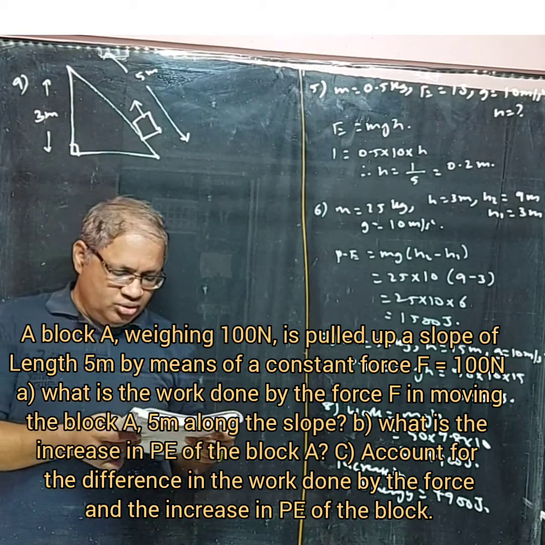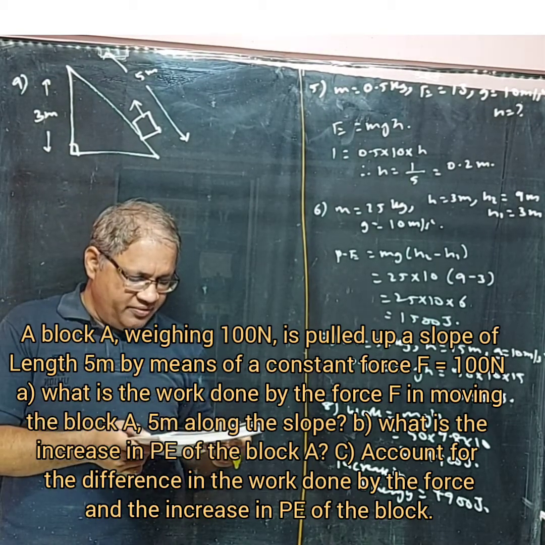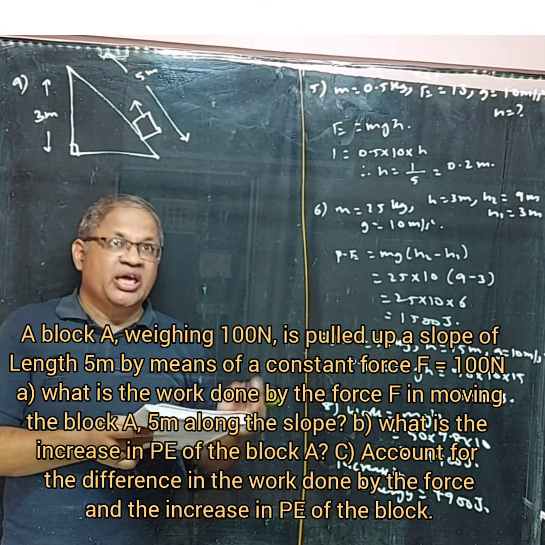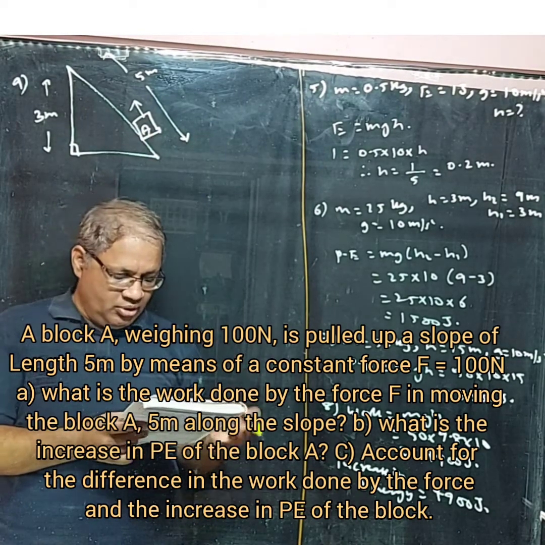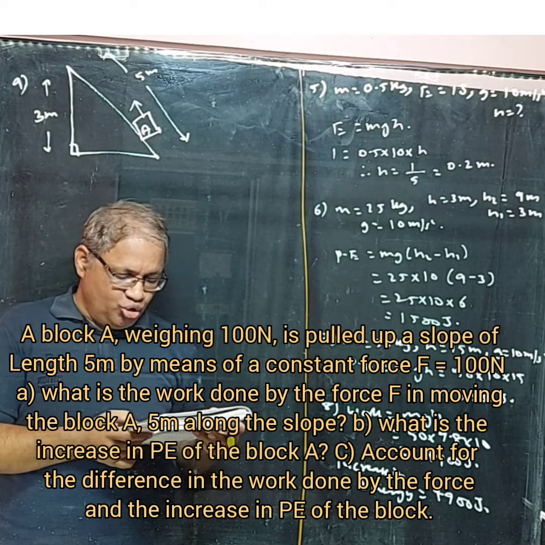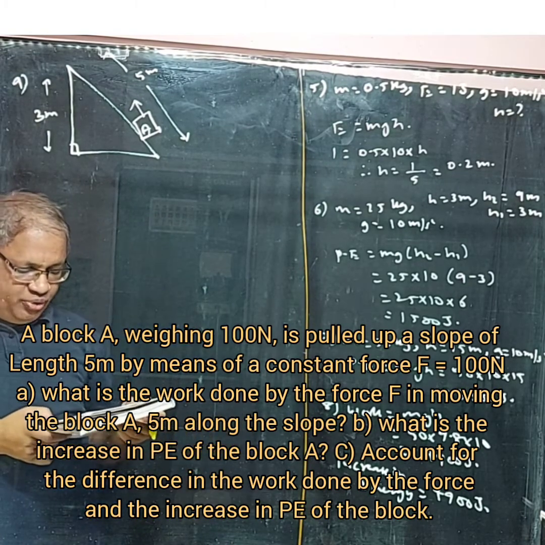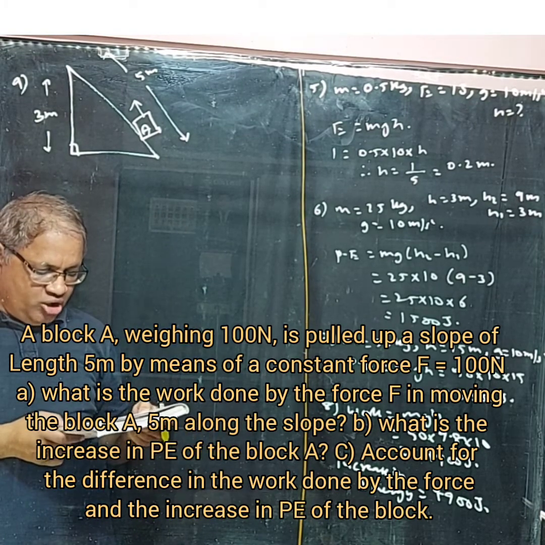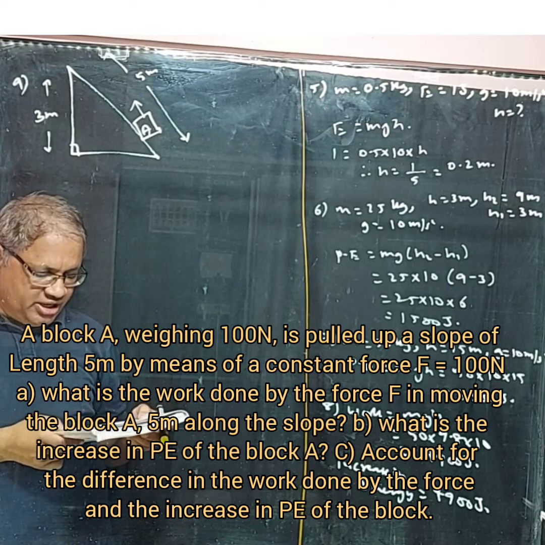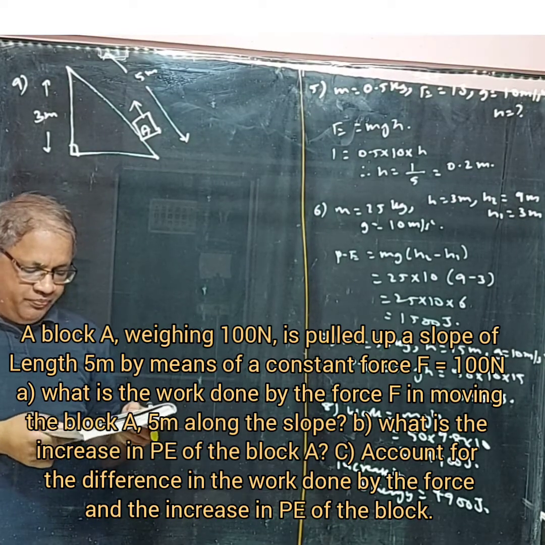They are asking what is the work done by the force in moving block A 5 meter along the slope, and second part, what is the increase in potential energy of block A. Account for the difference in the work done by the force and increase in potential energy of the block.